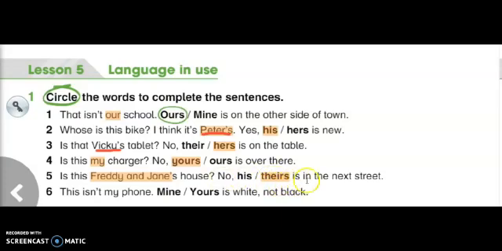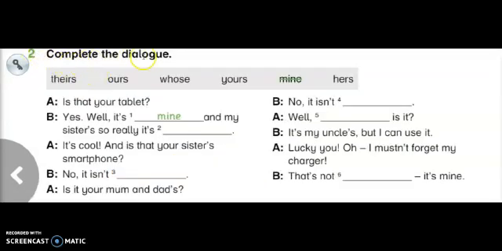No, theirs is in the next street. Number 6. This isn't my phone. Here we have my, so we complete with mine is white, not black. Mine.